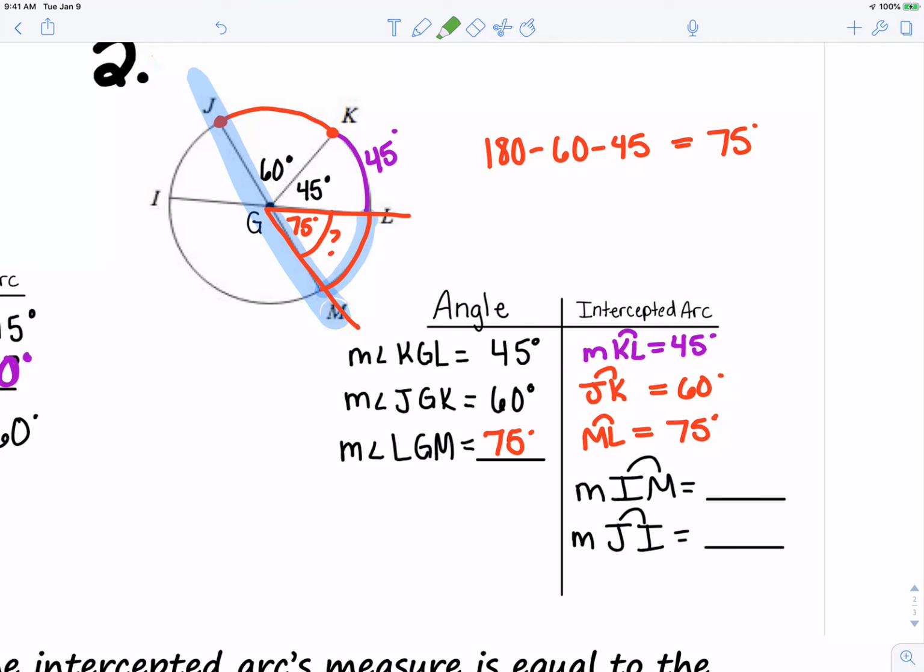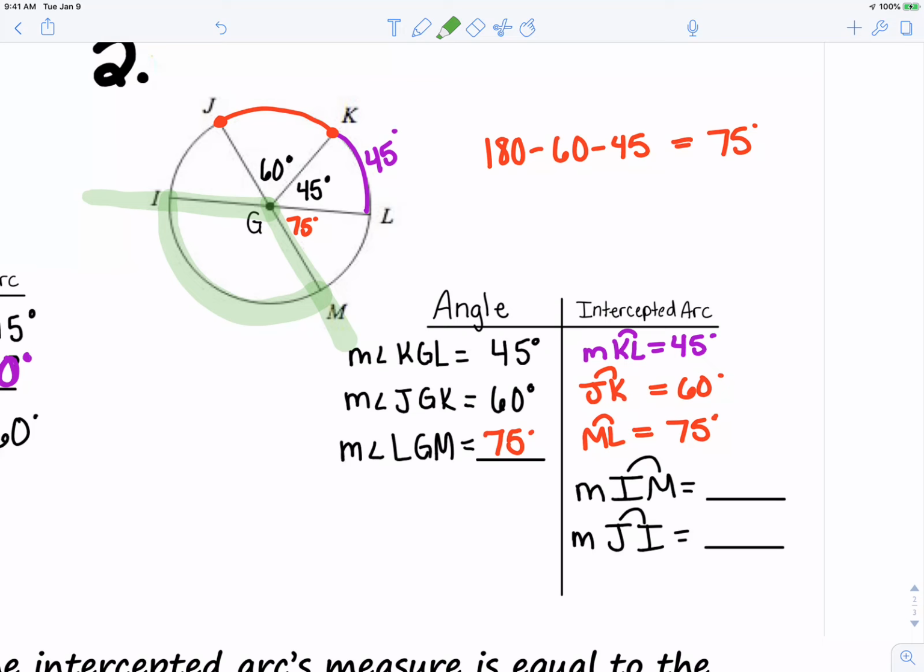What is the measure of arc IM? So it's helpful in a problem like this to find out what is the angle that's making that. So angle IGM is the angle that is making that arc.